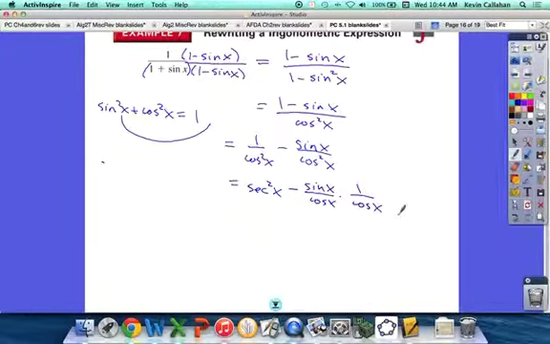And then the first, sine x over cosine x, is tangent, and 1 over cosine x, secant. There you go. Okay, now it doesn't have a denominator.